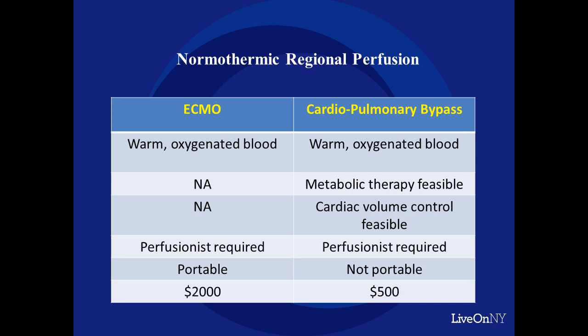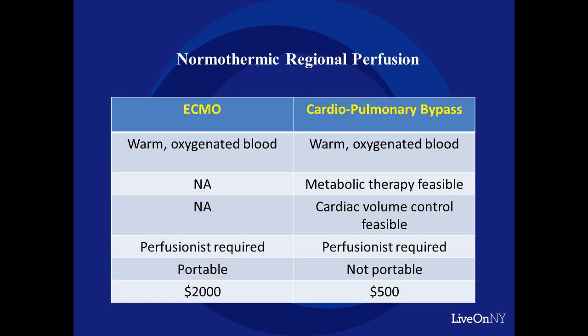And what I wanted to do is just compare them side by side because it is very confusing. And I have to say that even as we've been rolling this out and working with all of our surgical teams, not everybody, apart from really the cardiothoracic surgeons, has really understood in depth what the difference is.